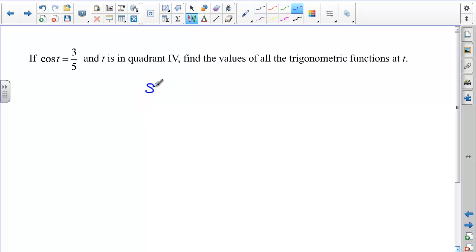Well, again, we know that the sine squared of t plus the cosine squared of t is equal to 1. So I'm going to plug in the 3/5.